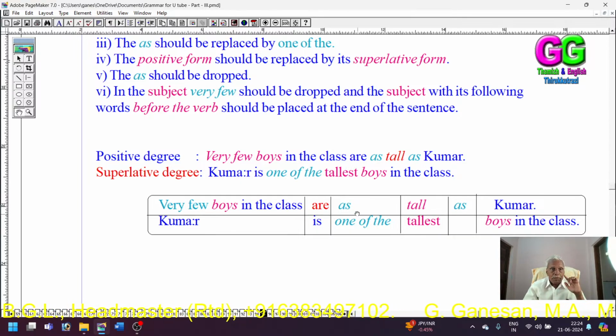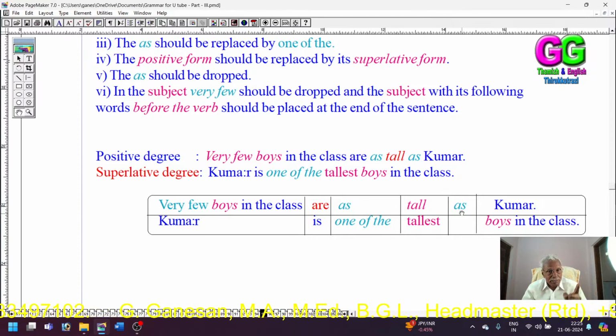Thirdly, the positive scale, first scale "as", has been replaced by the superlative scale "one of the". Fourthly, the positive adjective "tall" has been replaced by its superlative adjective "tallest".